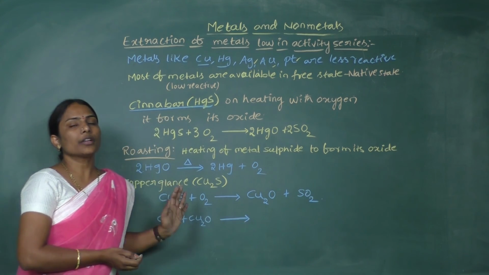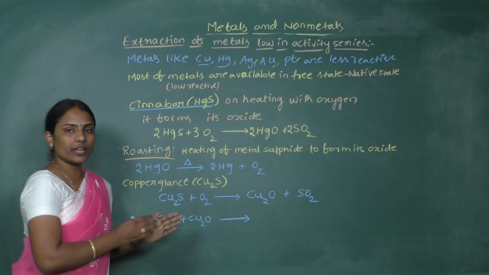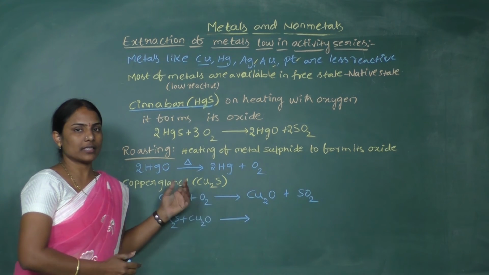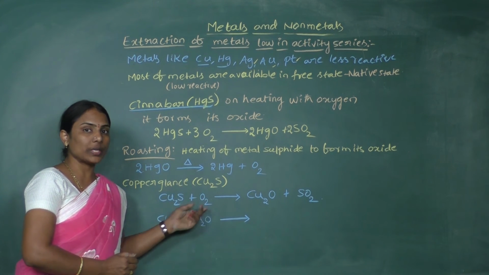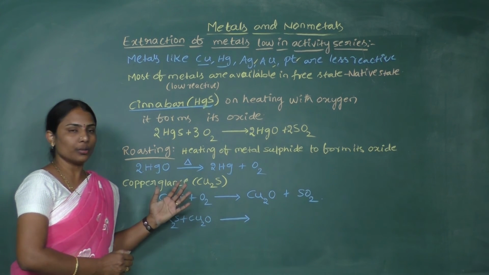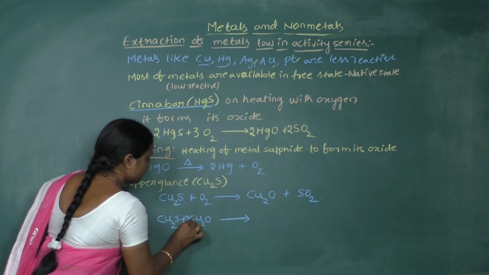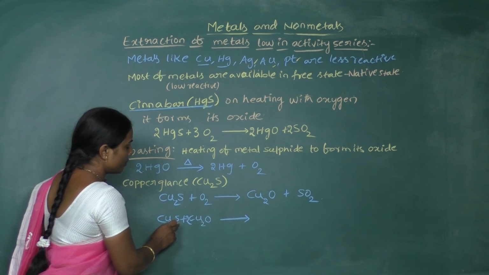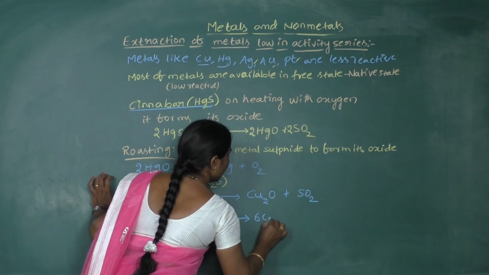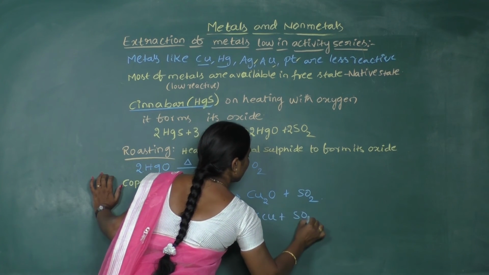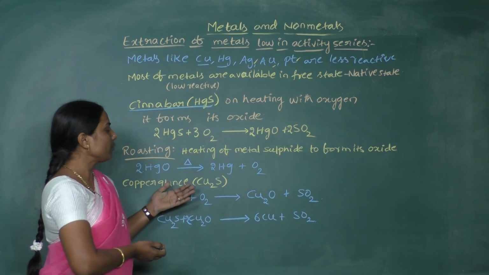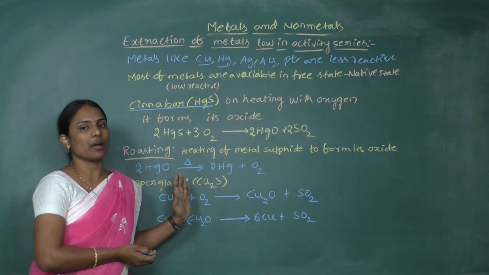This is simply auto reduction, in the sense that it is not required for us to take complete oxidation. The sulfide need not be converted into its oxide completely, just partial oxidation we will do. And now see this, 2 molecules of Cu2O combine with 1 molecule of Cu2S so that it forms copper plus SO2. So this is the way we extract copper from its compounds, right?